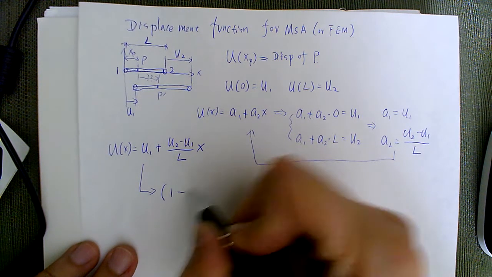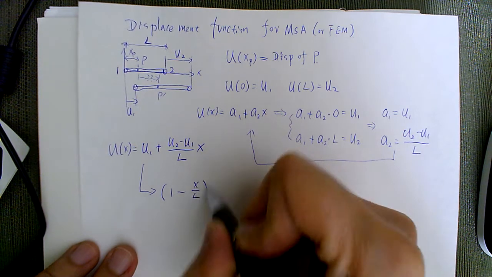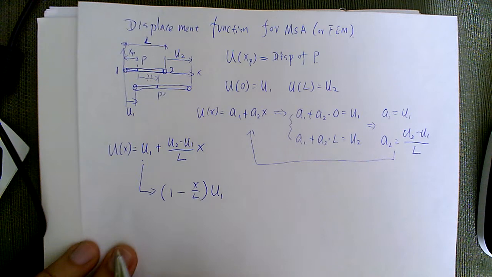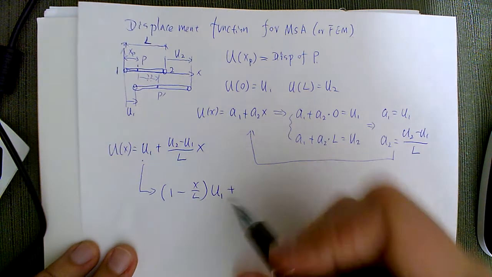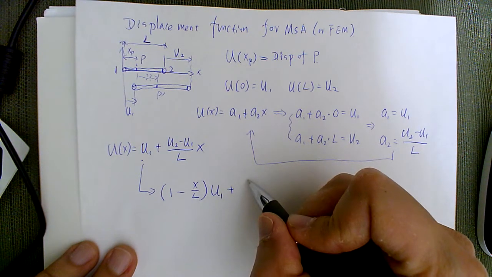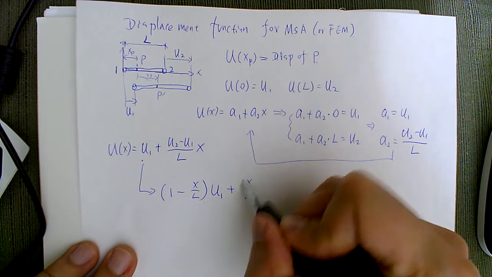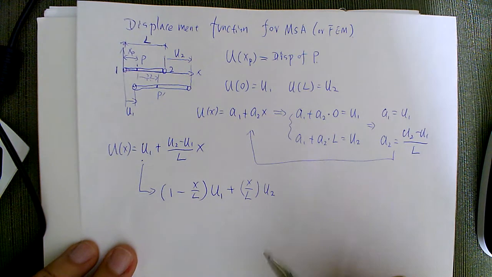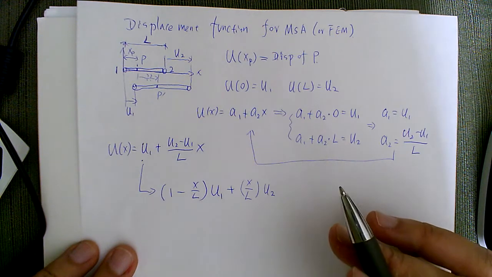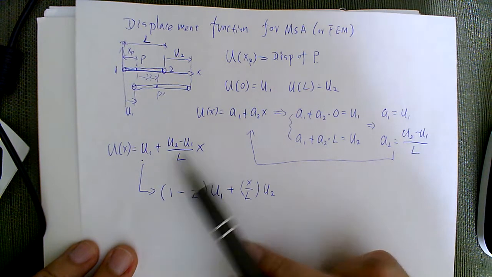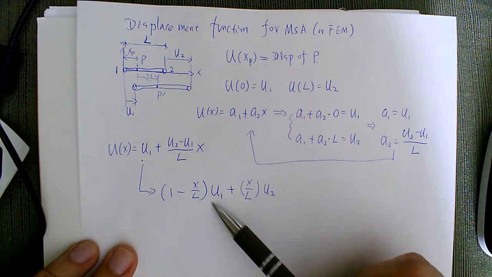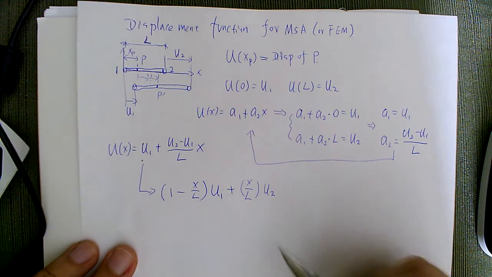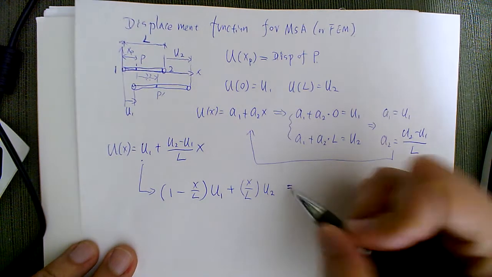It becomes (1 minus x over L) times u1, plus (x over L) times u2. I'm not introducing anything new. All I'm doing is rearranging the terms so that I can group all the terms associated with u1 together and u2 together. And then I'm going to write this in matrix form.